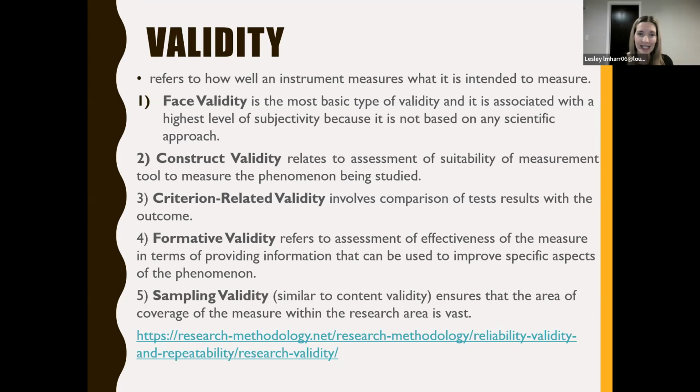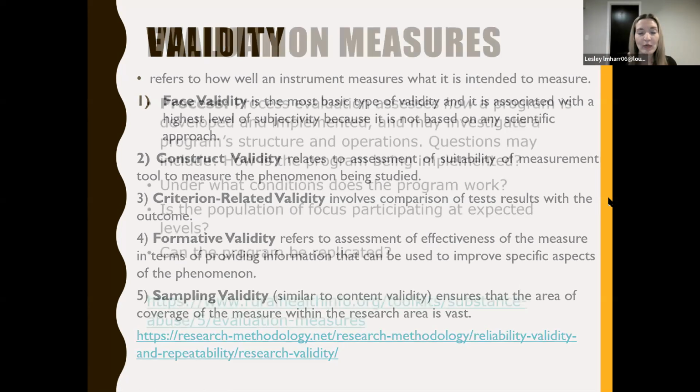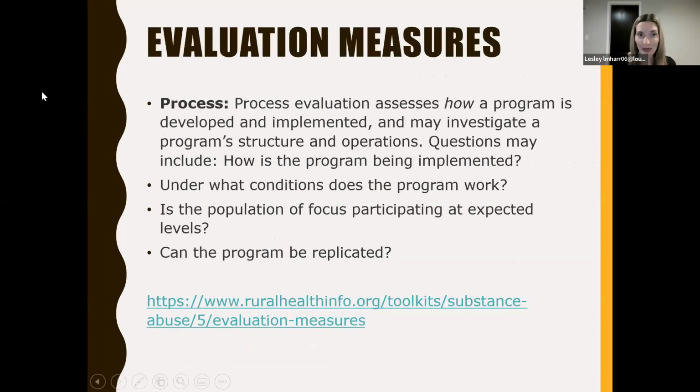So that kind of is like a match for what you're trying to do in terms of looking at the outcome of your evaluation. And then sampling validity is similar to content validity, and that ensures that the area of coverage of the measure within the research area is vast. So really hitting on all the different domains of the sample. So if you want more information, there are also links in the PowerPoint presentation.